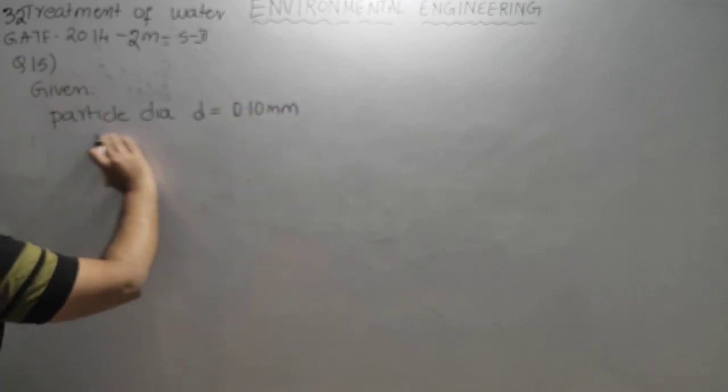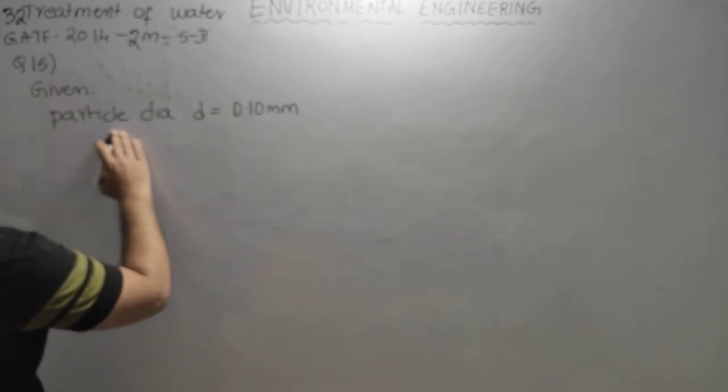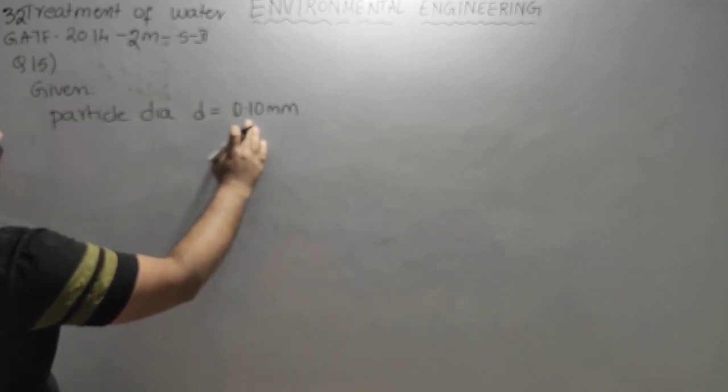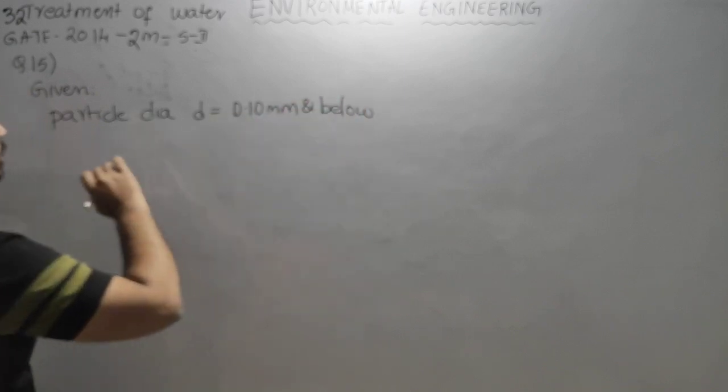So this is the normal diameter of the particle which is present in the suspension. Particle dia d 0.1 mm and below is moving through the water.